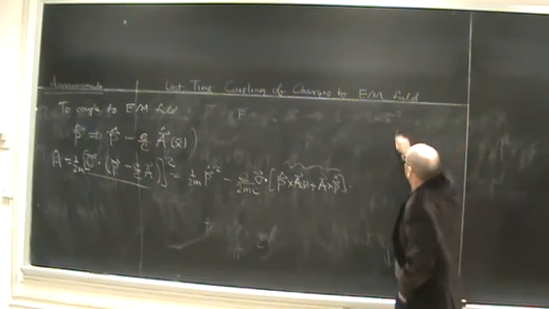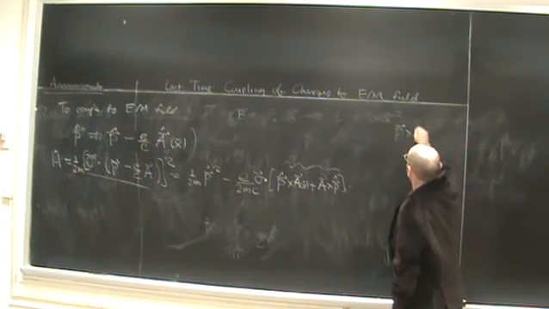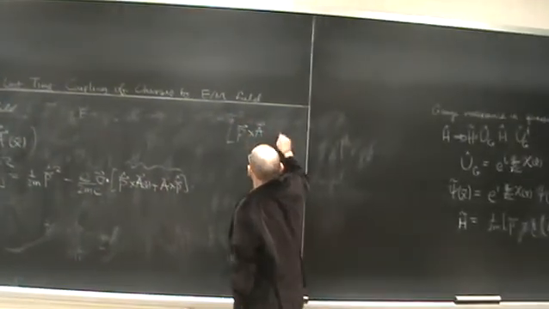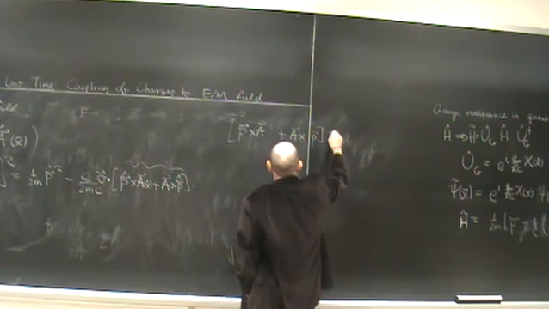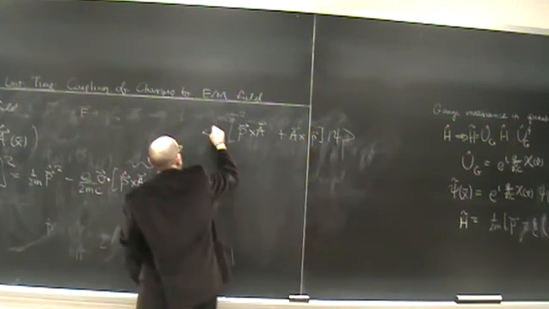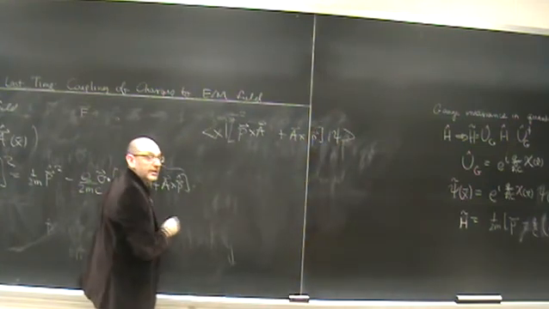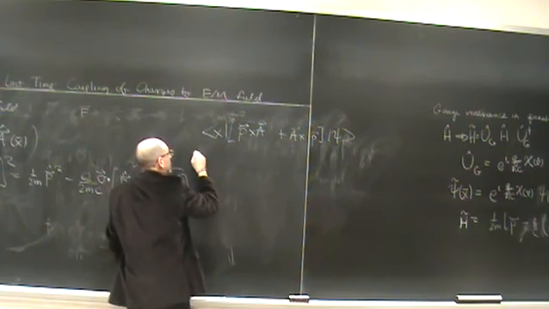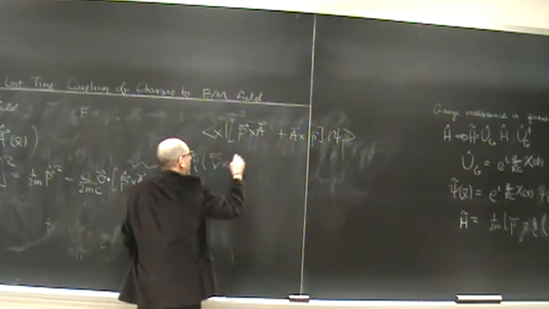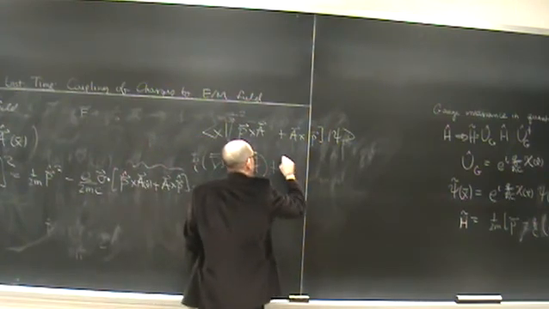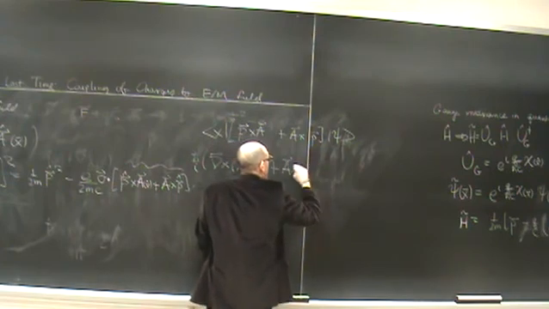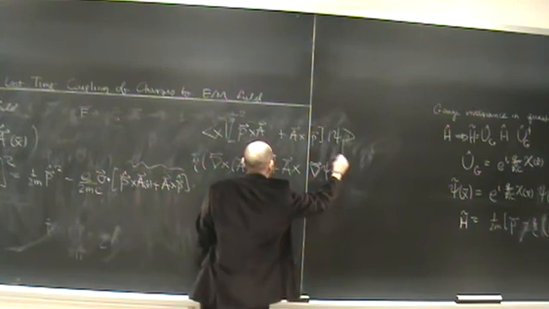So P cross A plus A cross P acting on a state in the position representation is equal to h bar over i, curl of A times psi plus A cross the gradient of psi.